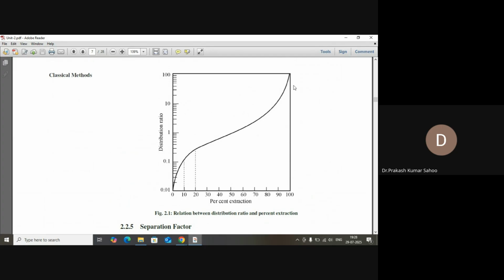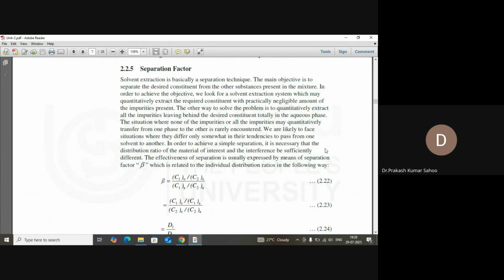We have the curve, then the separation factor, which is symbolized as beta. Beta is the concentration of a component in the organic phase divided by the concentration of the component in the aqueous phase.